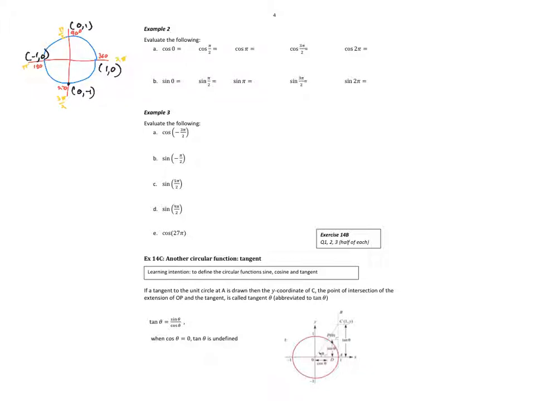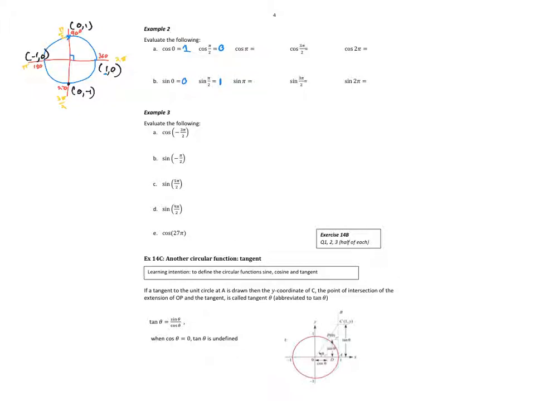Let's think about cos theta. So cos of 0: cos is my x coordinate, and if the angle is 0 degrees, cos is equal to 1. Sine of 0 degrees, my y value there is equal to 0. Pi on 2 is up here. There's my 90 degrees, and at that point my x value is 0 and my y value is 1.